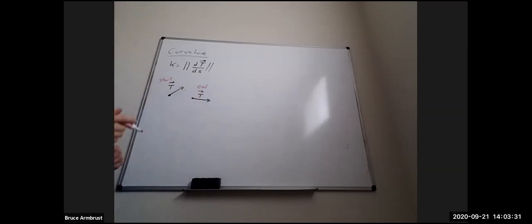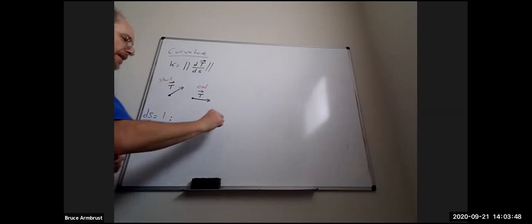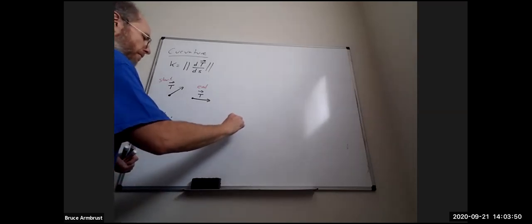But we're going to do two different cases. The first one is going to be when our change in arc length is 1. And the other one is going to be when our change in arc length, let's say, is 4.